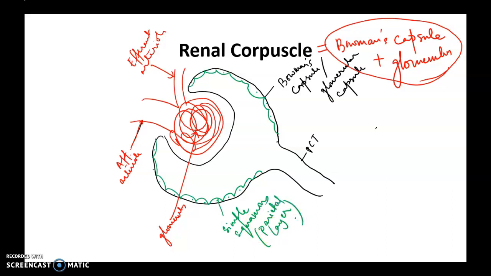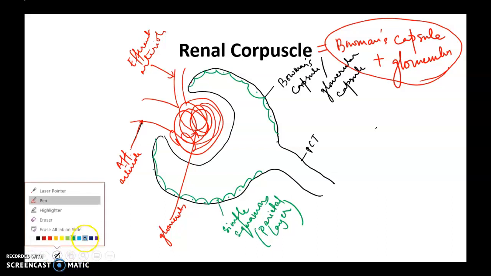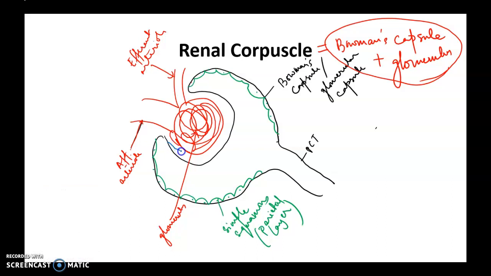We will see a very interesting visceral layer. The visceral layer of cells of the Bowman's capsule looks very different, and these cells are called, I should draw with a different color. These ugly cells, I'm drawing them in blue, are called podocytes.